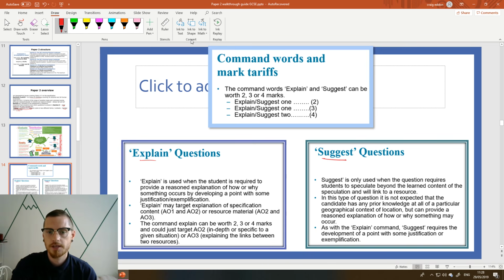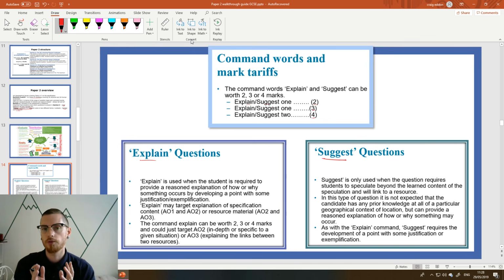You'll see here that the explain and suggest questions could be worth 2 marks, 3 marks, or 4 marks. Okay, the major difference between the two of them is that suggest questions will always come with a resource. Okay, and they will expect you to start your points from the resource. Explain questions may or may not come with a resource, okay, but are just expecting you to develop your point.